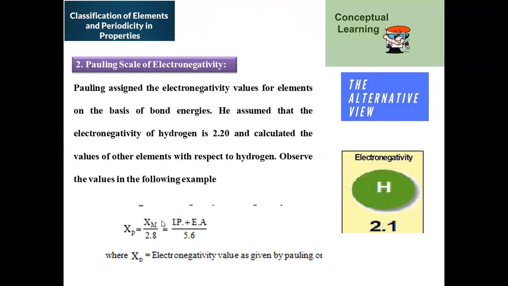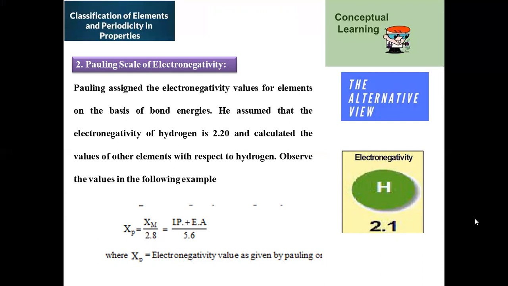Observe the values by taking this formula. Here, chi P denotes the electronegativity given by the Pauling scale, and it is derived from the Mulliken scale: chi M divided by 2.8.